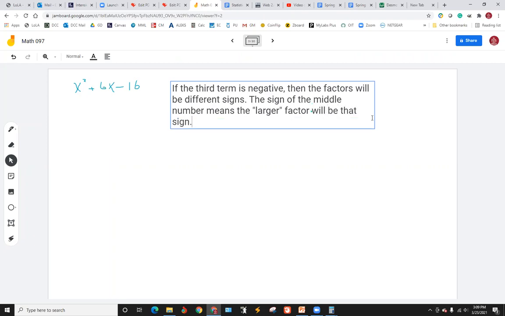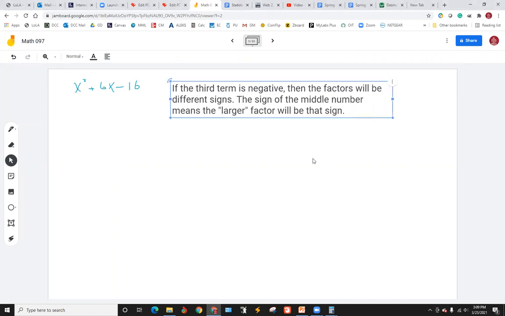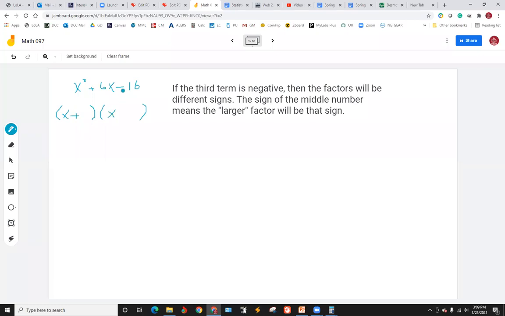Okay, let's look at that case. So what you're going to have is different signs. So you're going to have an x plus and an x minus, because that's negative. So the only way that happens is these are different signs.